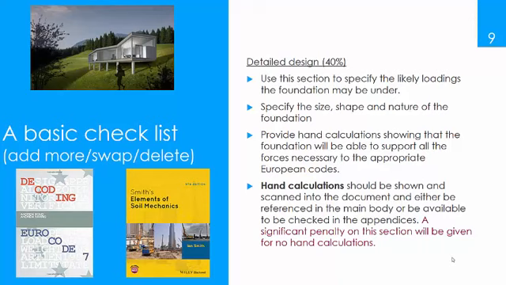And as you can see, this section has 40%. So please pay attention to your hand calculations. Do them correctly, precisely, do research, and include everything needed to get the final result.